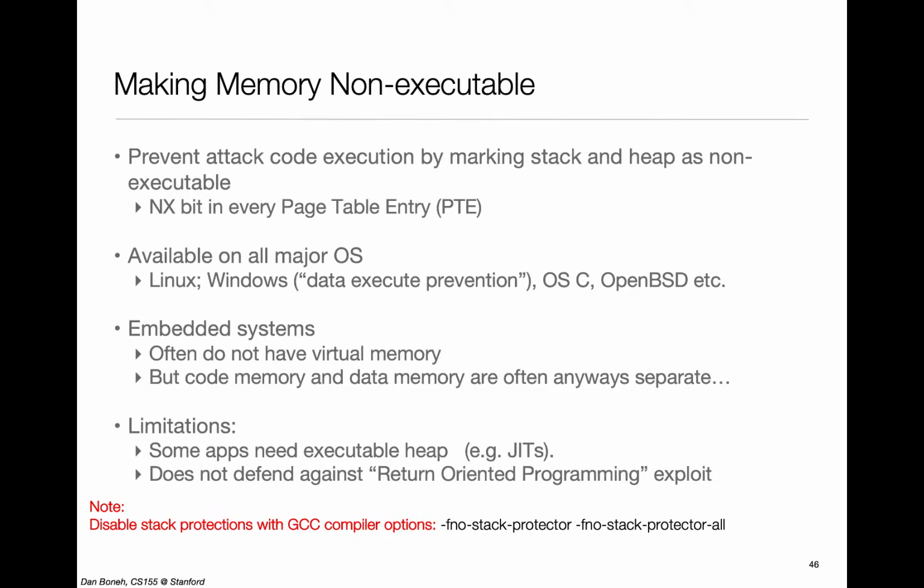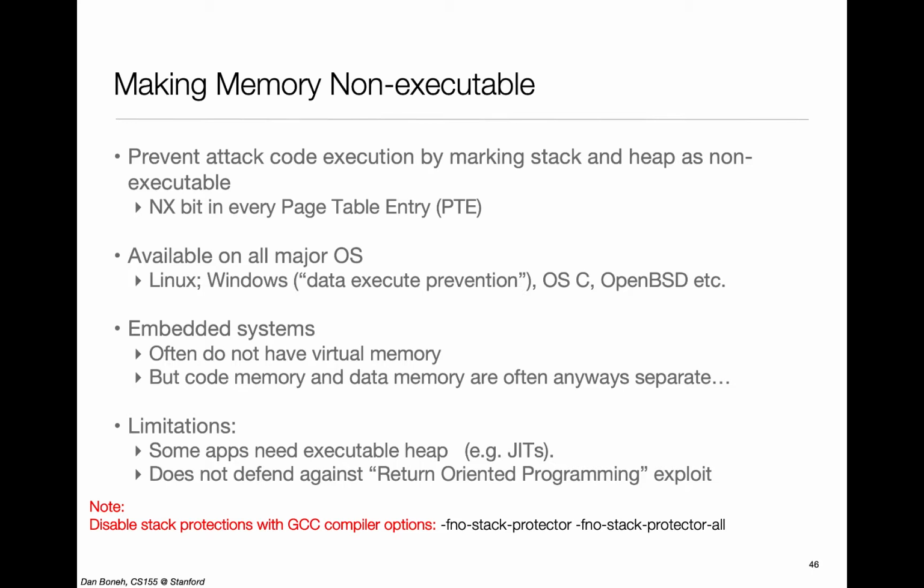So the first of these approaches is making the memory non-executable. To do this, you can essentially prevent attack code execution by marking the stack and heap as non-executable. And what they've essentially done is implement this NX bit in the page table entry that signifies whether this code can be executable or not.